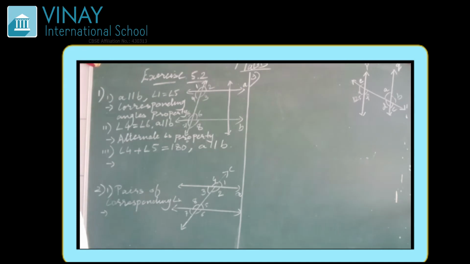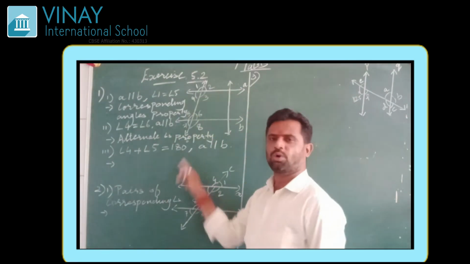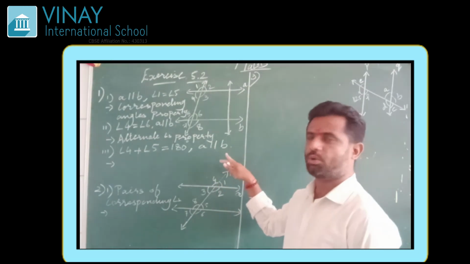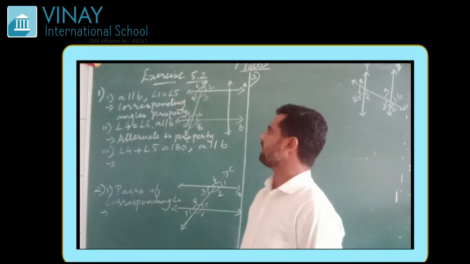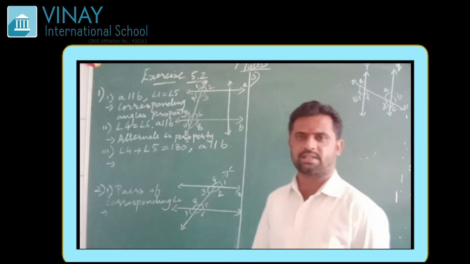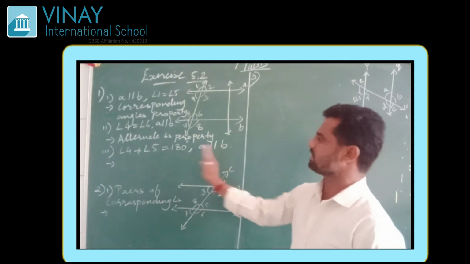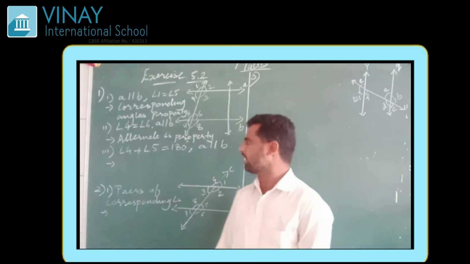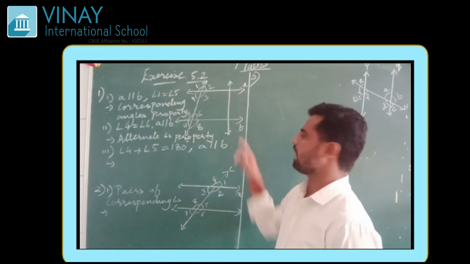Then it is given that if angle 4 plus angle 5 is equal to 180 degrees, then A is parallel to B. Now we have to find out which type of pair the angles 4 and 5 are. They are interior angles on the same side of the transversal, and we know that if the interior angles on the same side of the transversal are supplementary, that is, if the sum of the interior angles is 180 degrees, then the two lines are parallel.